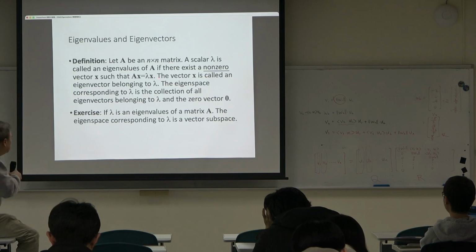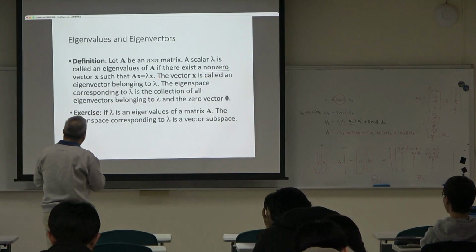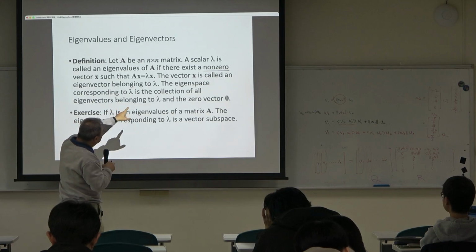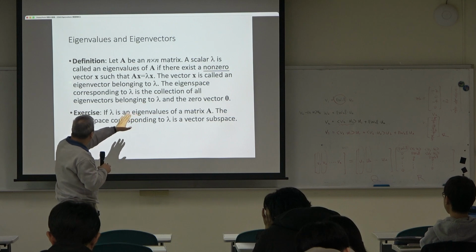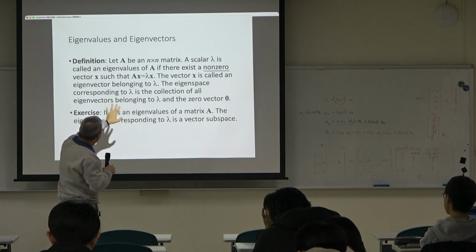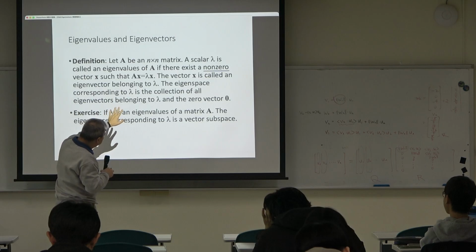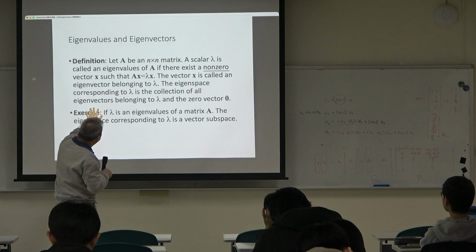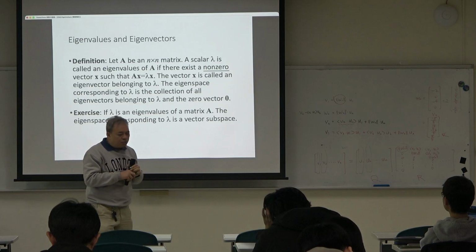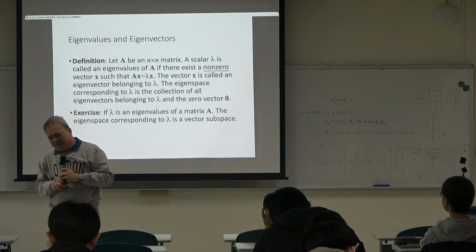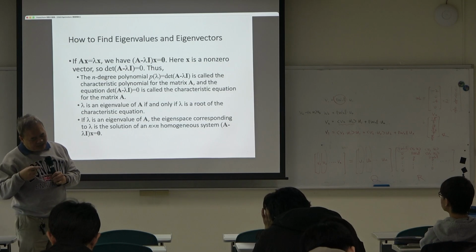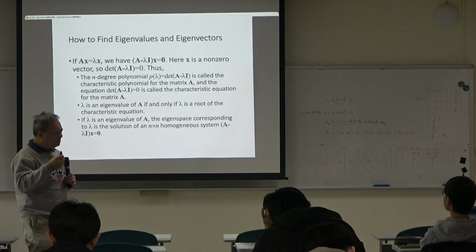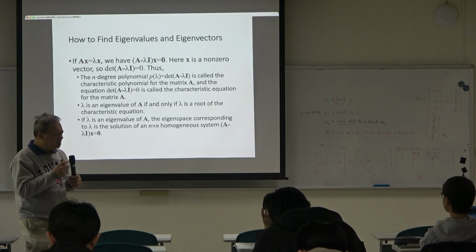So if your square matrix A has a scalar lambda, we call that lambda an eigenvalue of A if there exists a non-zero vector x such that Ax equals lambda x. You just apply A on your vector.